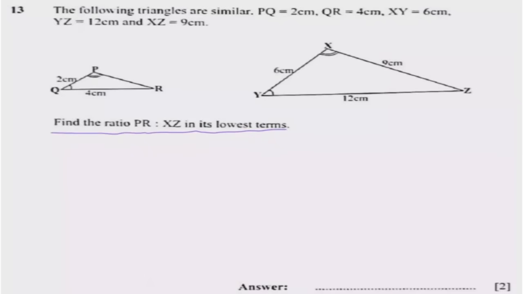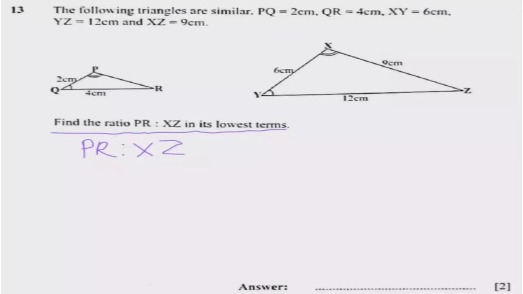So what we're going to do is write PR to XZ. Okay, so that is the ratio. Now one concept that will help us to get the correct answer is that the ratio of similar triangles is the same.